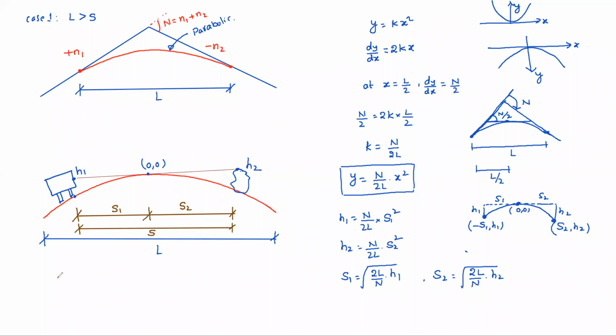So what is S now? S equal to, see here, root 2L by n is common, so root H1 plus root H2.